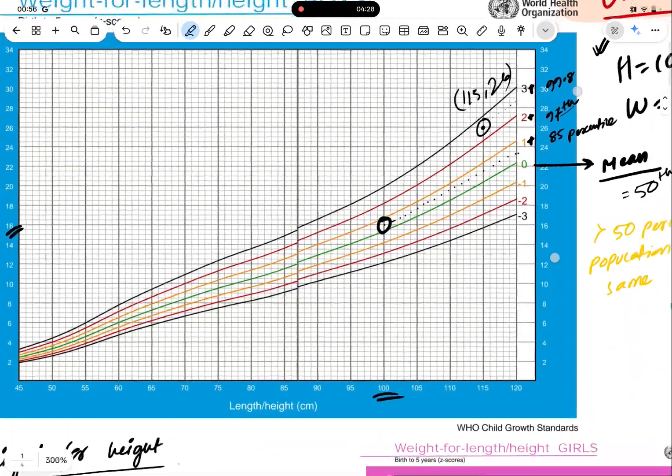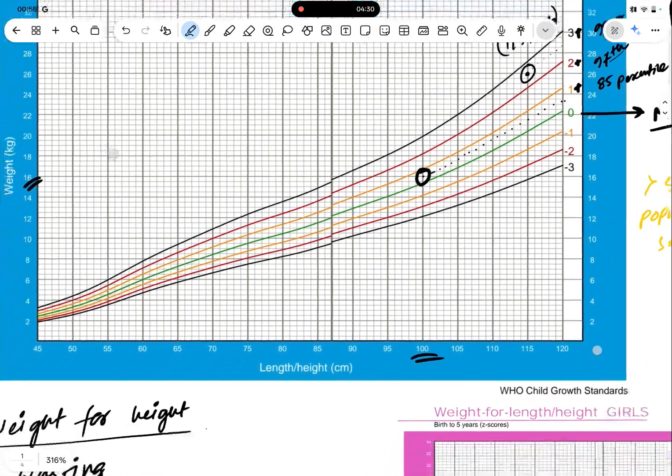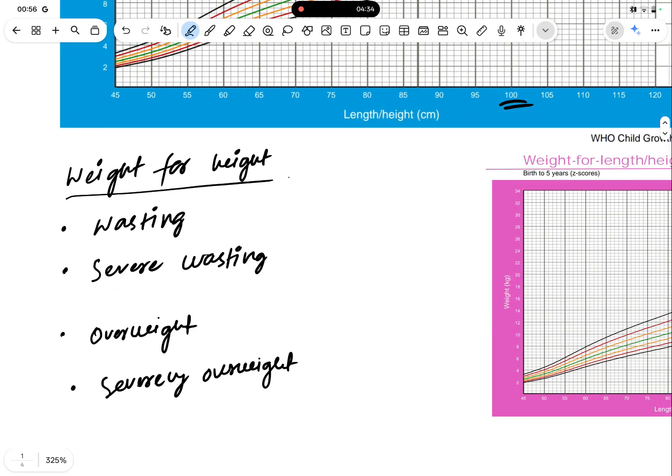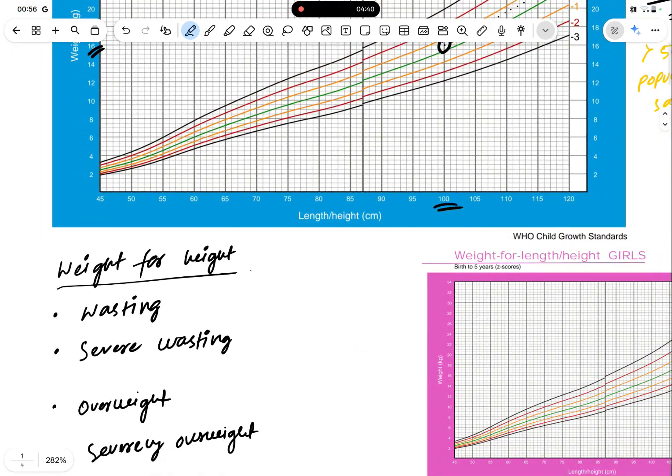Then how to interpret this chart? Okay, for interpretation we take wasting. First, wasting, we will call it wasting if the graph is falling less than 3rd percentile or minus 2 standard deviation.